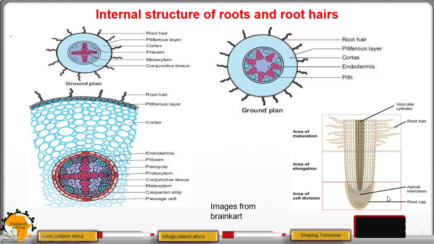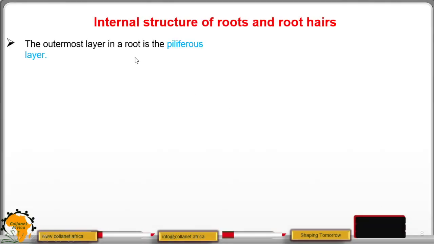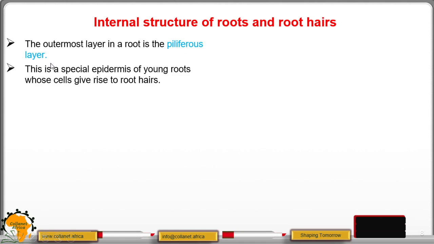The part that is responsible for this rapid cell division is the apical meristem, and it is covered by a root cap. So the outermost layer in a root is the piliferous layer, and this is the special epidermis of young roots, whose cells give rise to root hairs. And root hairs are microscopic or tiny outgrowths of epidermal cells.